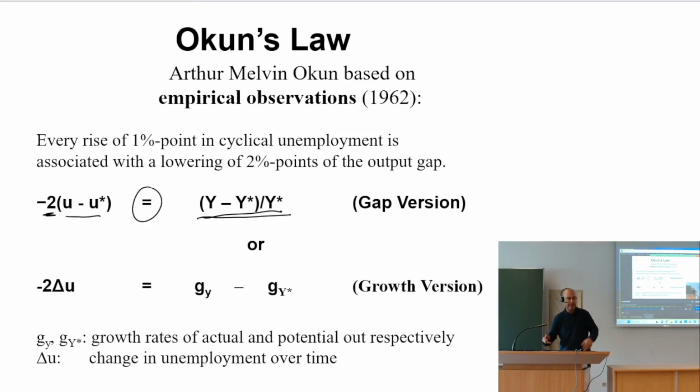Or we can translate this into growth rates, and then we obtain that minus 2 times the change in unemployment is just the difference between the actual growth rate and the potential growth rate.